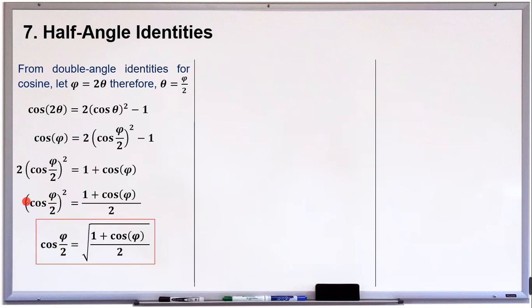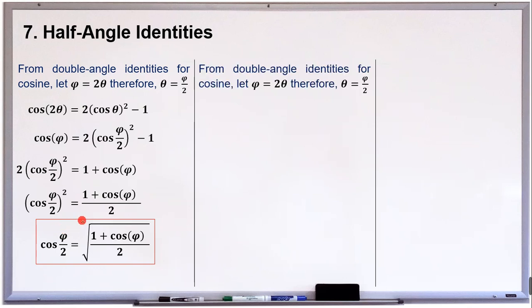And if we take the square root of both sides, you will have cosine of the half angle equal to the square root of 1 plus cosine of the angle all over 2. So this is our first half angle identity, that is for cosine. Now, let's proceed to the sine.